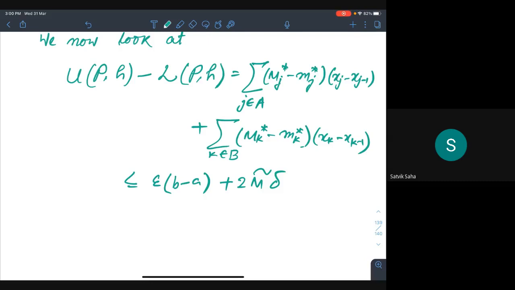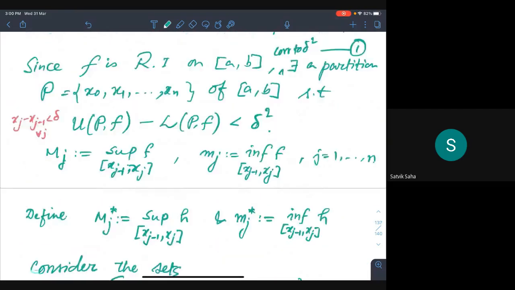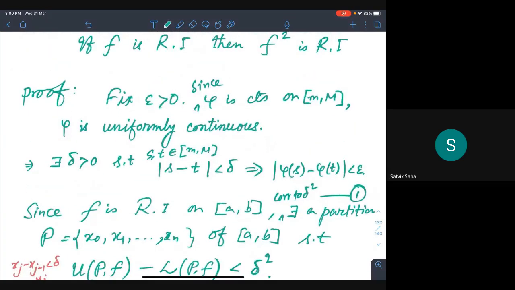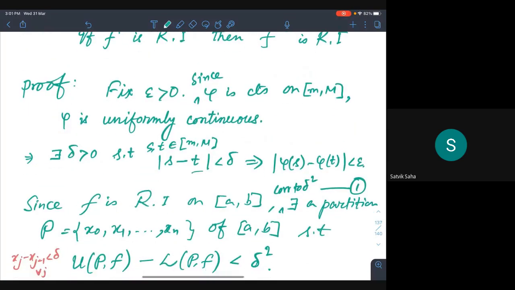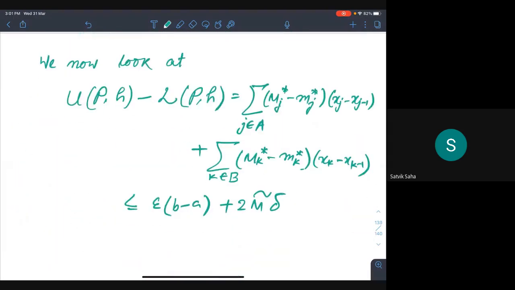Now since we fixed epsilon, one can choose delta to be smaller than epsilon. That is always possible from here. So that will be less than or equal to epsilon times (b minus a plus 2M tilde).